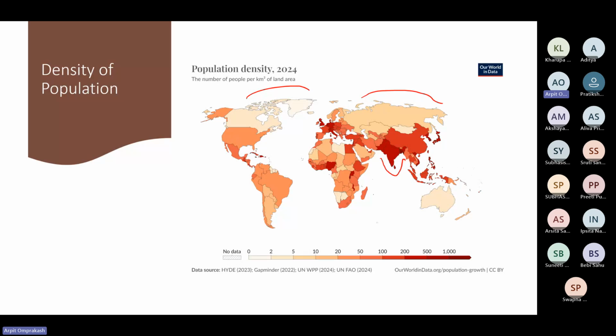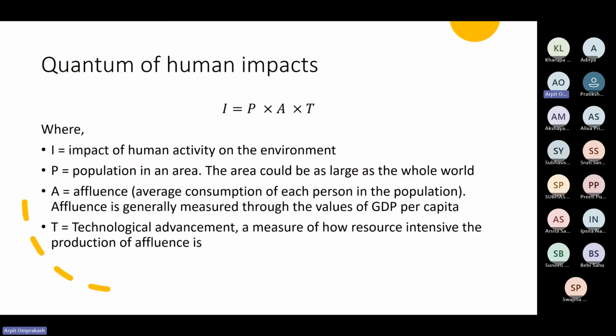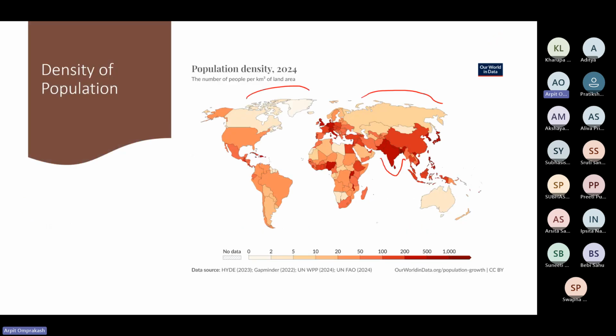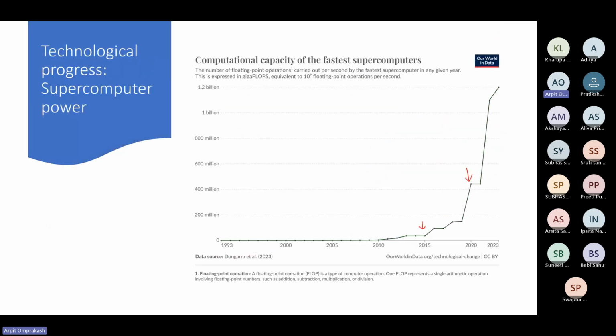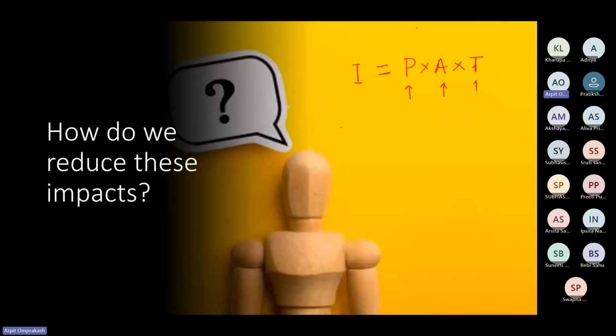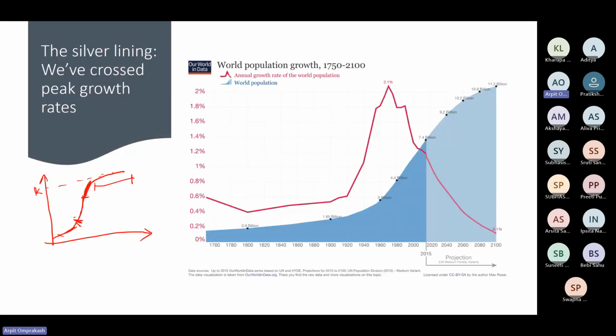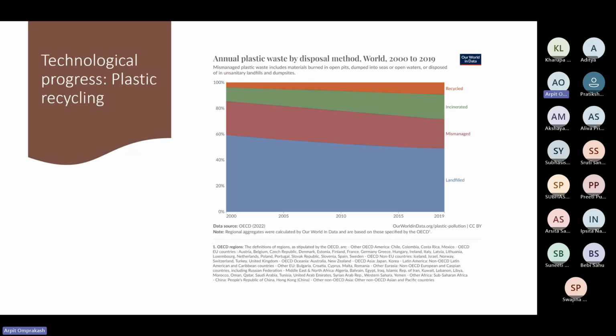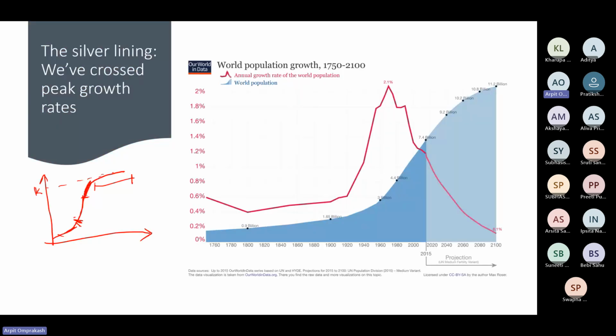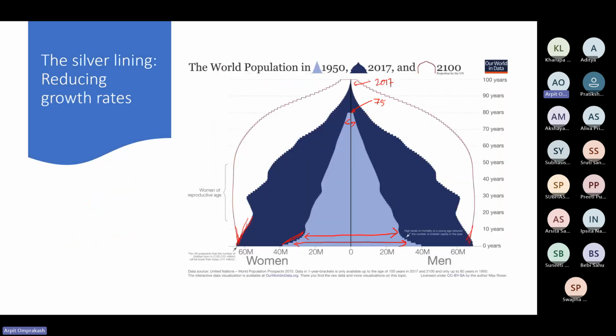Then we saw how to quantify that impact based on population, affluence, and technology, and we saw how population, affluence, and technology are all growing, and because of that our impact is growing. But there are also certain technological advancements that are leading to a more managed or lessened negative impact on the environment. Then we have population growth rates that are declining.